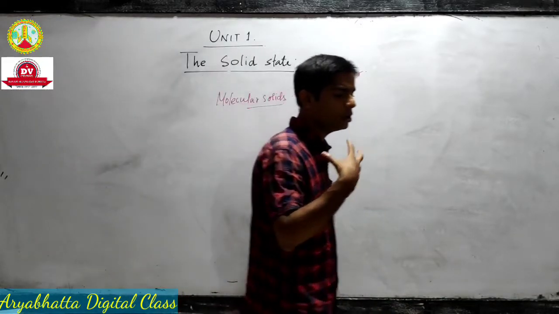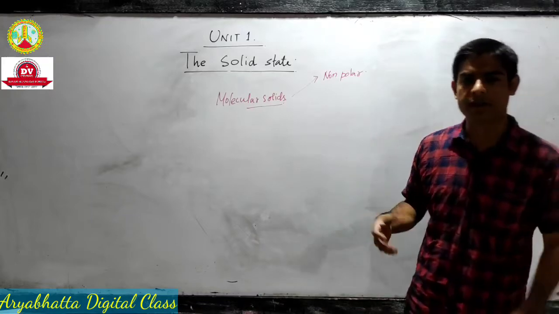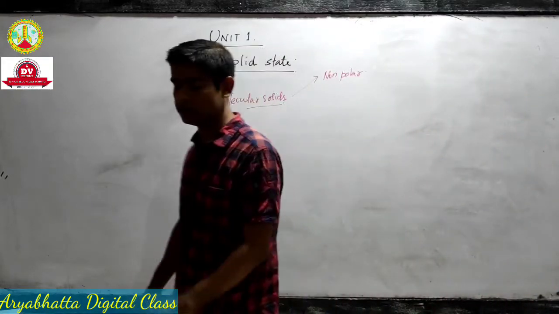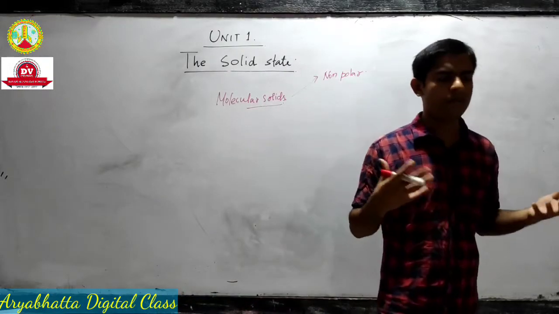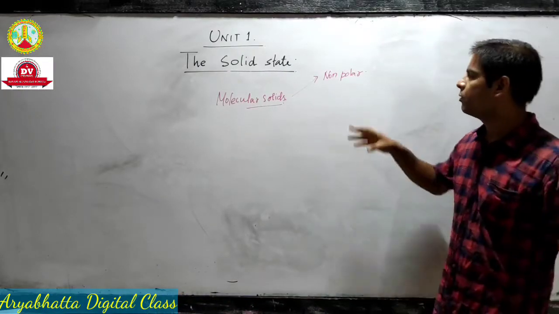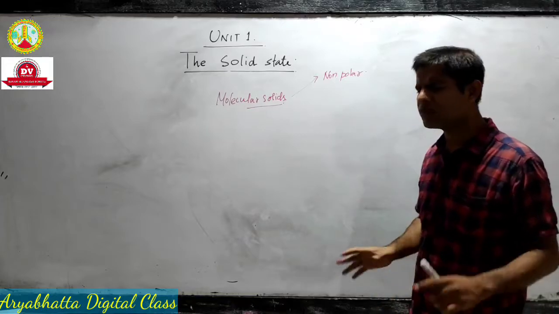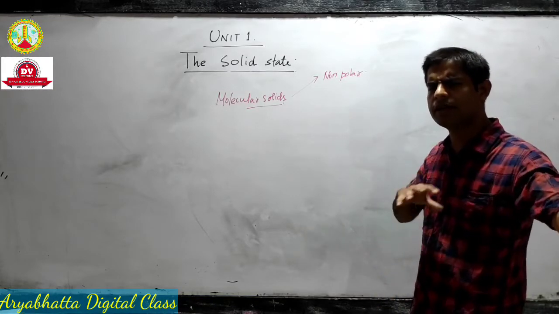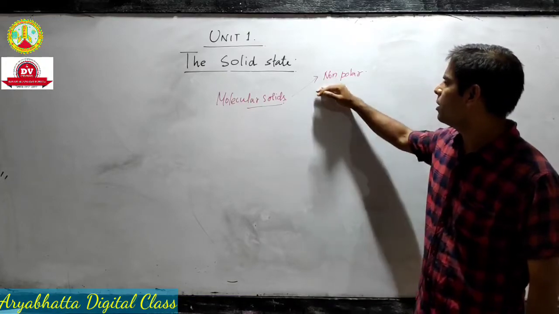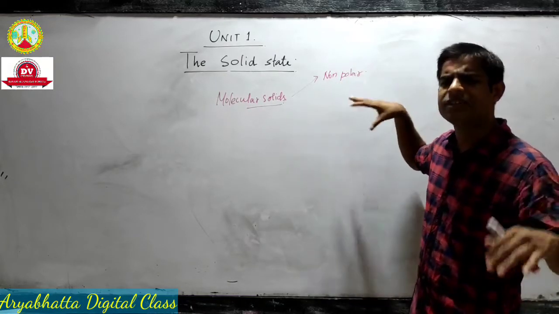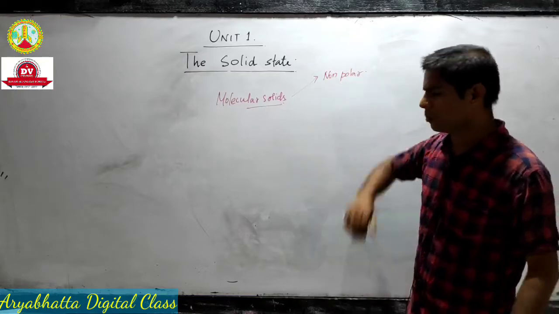Dry ice is the solid phase of carbon dioxide. So though carbon dioxide is gaseous and non-polar, its solid phase does exist. We will not go into their geometries and different structures. We will just see what the nature is when the solid is non-polar.